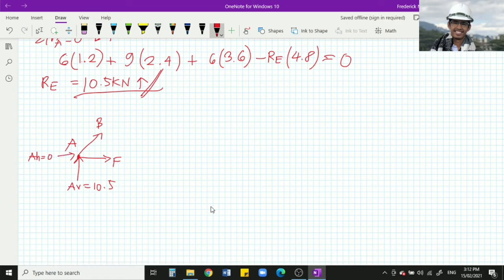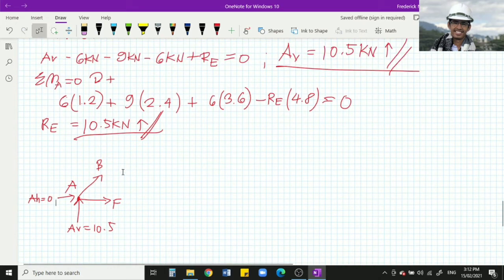So class, kapag ina-isolate natin yung bawat point, nag-assume tayo ng direction ng forces natin. So always you assume tension. So kapag tension, away from the point. Okay? So always, kapag i-isolate natin yung point A and magsa-summation forces horizontal, vertical tayo, always mag-assume tayo ng tension.